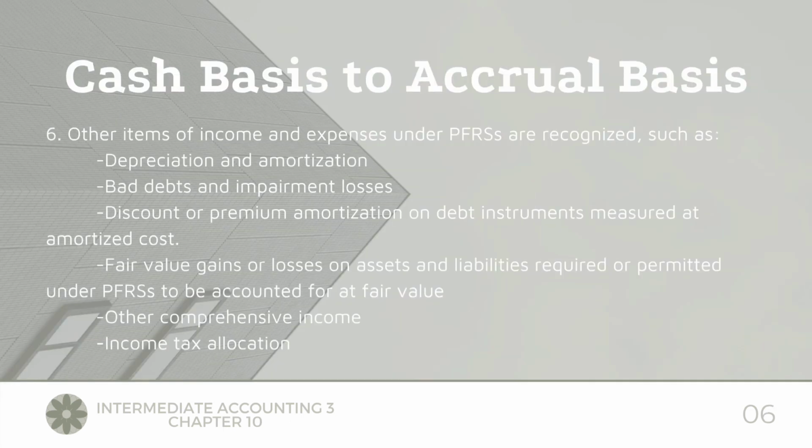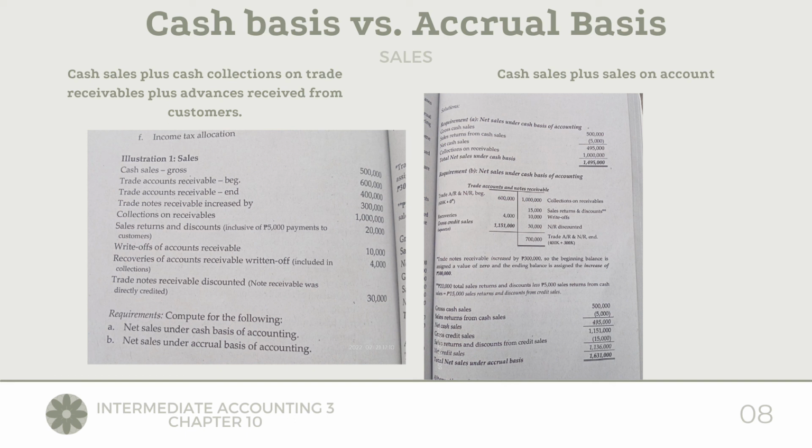And lastly, other items of income and expenses under PFRS are recognized such as depreciation and amortization, bad debts and impairment losses, discount or premium amortization on debt instruments measured at amortized cost, fair value gains or losses on assets, and liabilities required or permitted under PFRS to be accounted for at fair value, other comprehensive income, and income tax allocation.